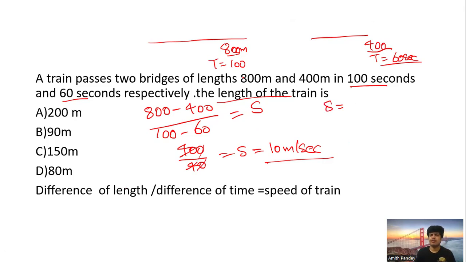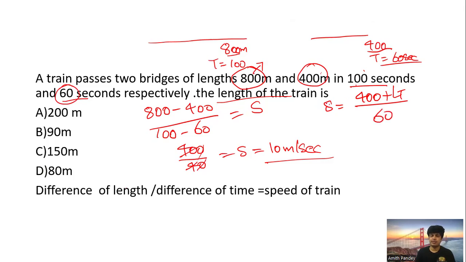Speed, just take any one bridge. If you are scared of calculations with the bigger number, go with the smaller. So what is the smaller bridge length? That is 400. What is the length of the train? We don't know, right? LT. And what is the time taken to cross the smaller bridge, 400? The time is not 100, it is 60 seconds.